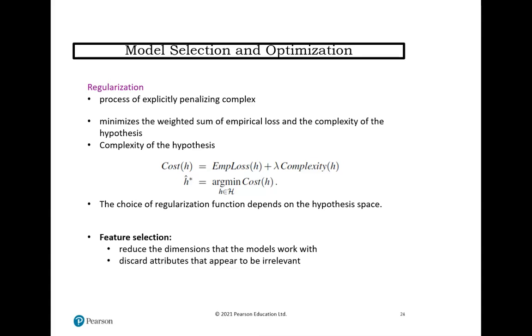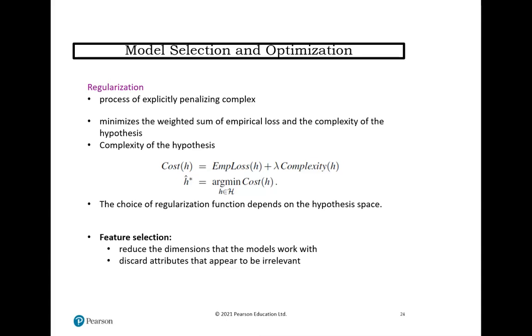So the more complex the model, the higher the penalty term and the cost will increase. So this will encourage our machine learning algorithm to avoid models that are too complex.